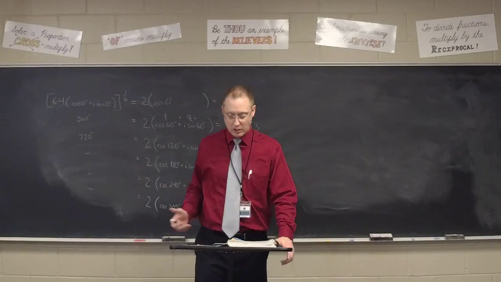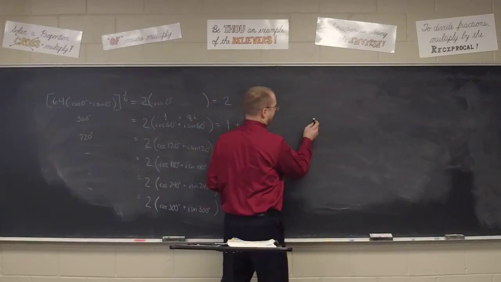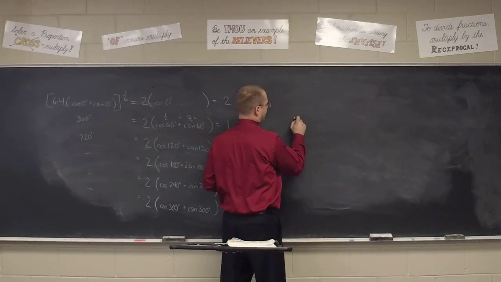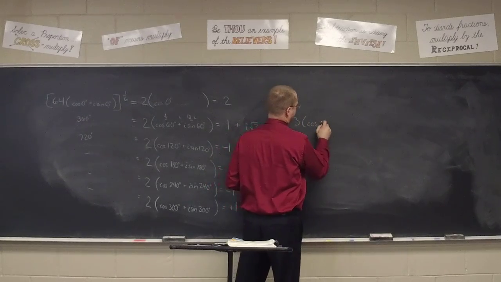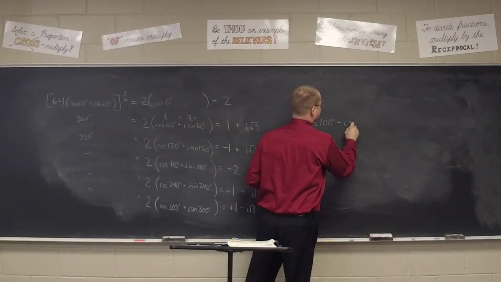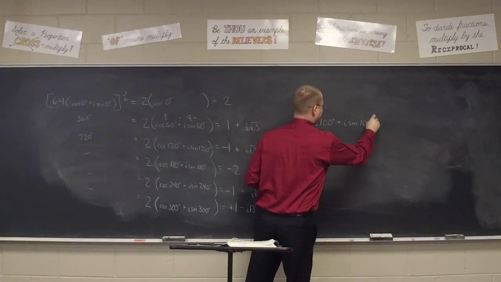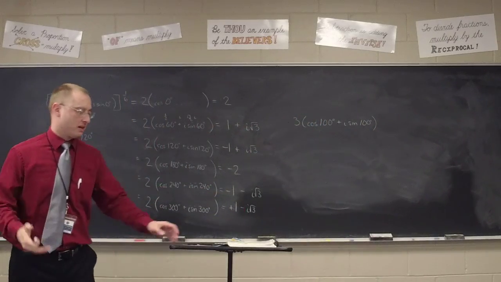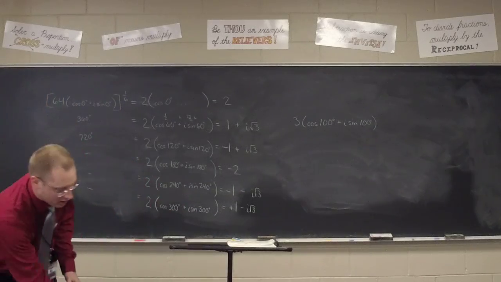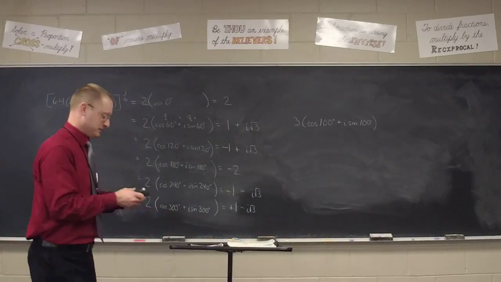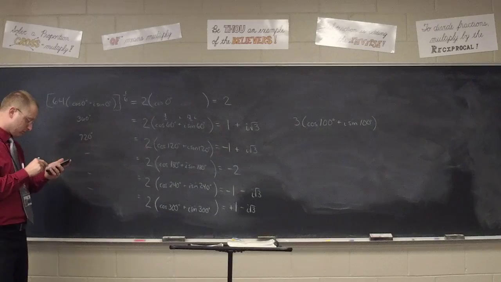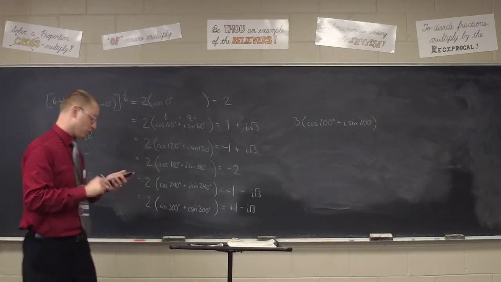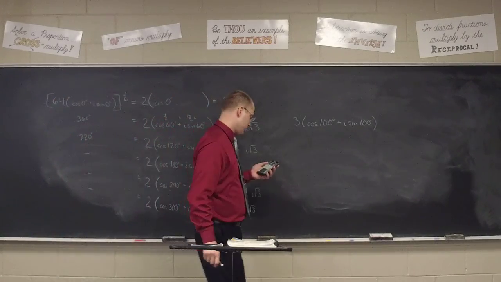So a couple of them would be special, and a couple of them we'd have to use the calculator to distribute. So for instance, if we had something like 3 times the cosine of 100 plus I sine 100, and it's not a special angle, we just distribute on the calculator. And usually we give ourselves a couple of decimal places on a distribution like this. Make sure we're in degree mode, of course.